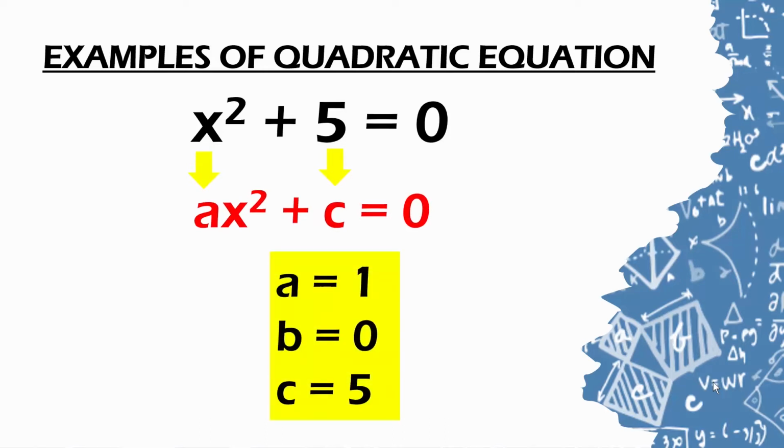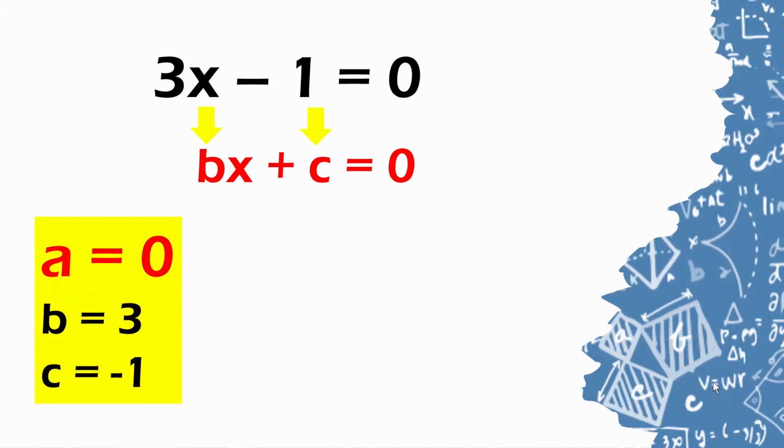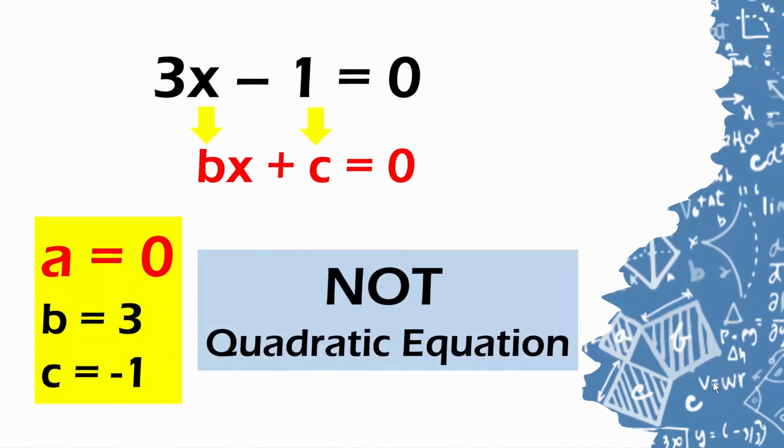Therefore, a equals 1, b equals 0, and c equals 5. For our next example, we have 3x minus 1 equals 0, where 3x is the linear term and negative 1 is our constant term. Therefore, a equals 0, b equals 3, and c equals negative 1. And this is not a quadratic equation.